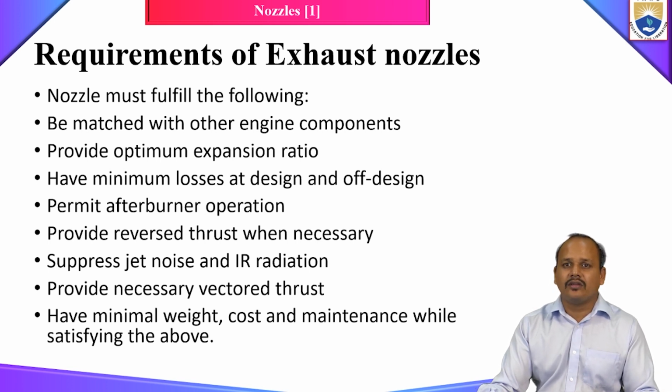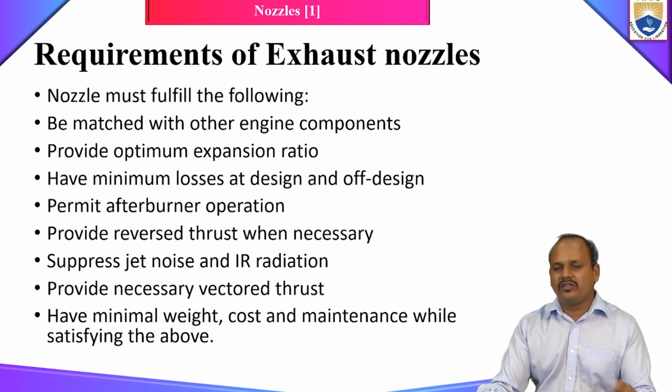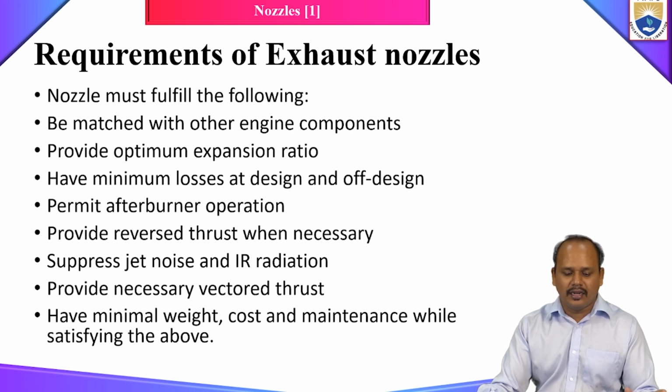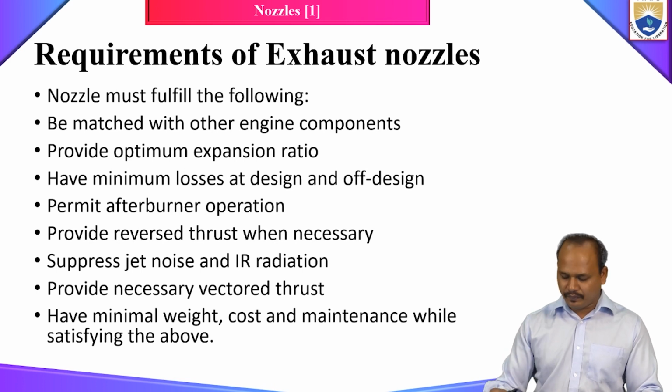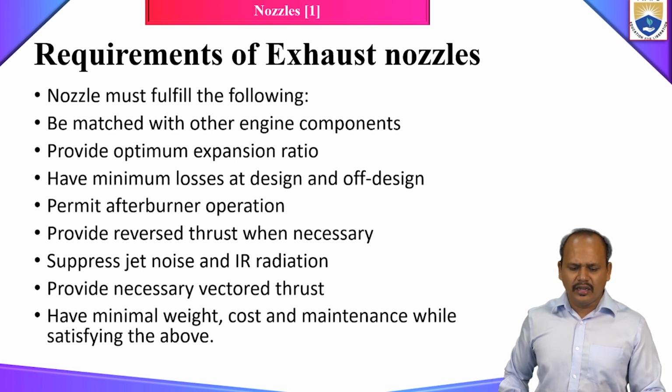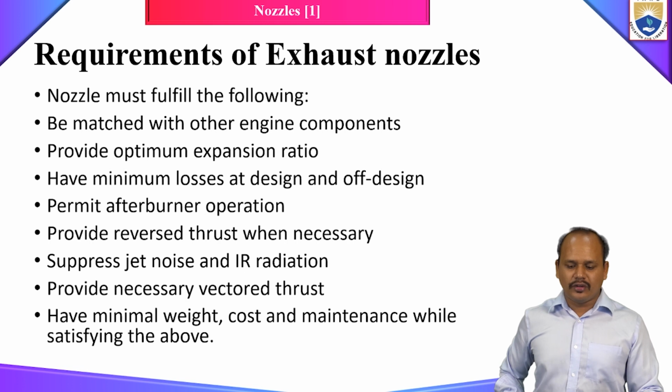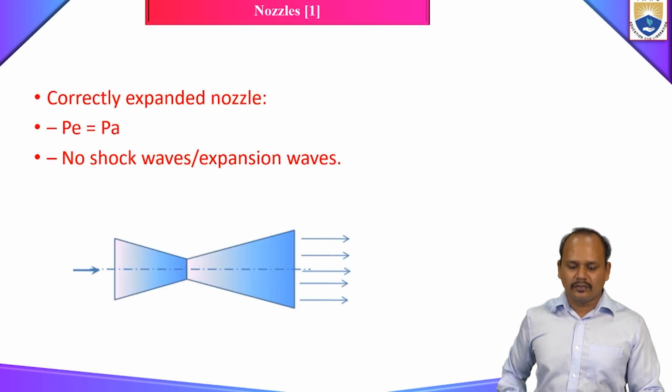Changing the thrust direction is what we call thrust vectoring, so your nozzle also should be capable of producing thrust vectoring. And obviously, at the end, for any aerospace application, you should have the least amount of weight and cost as well as maintenance. So these are all the basic requirements of your exhaust nozzle.